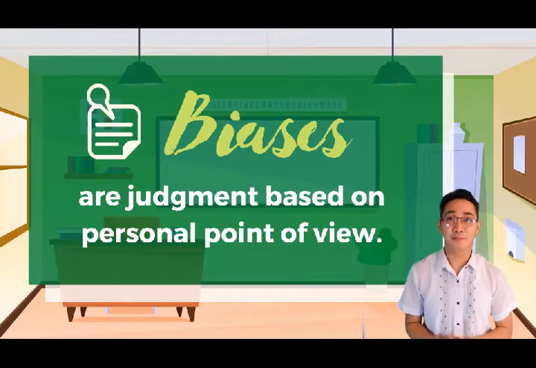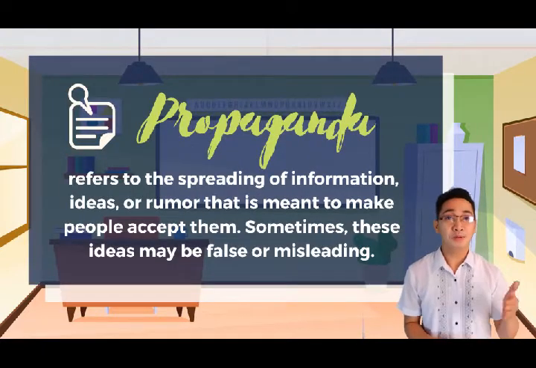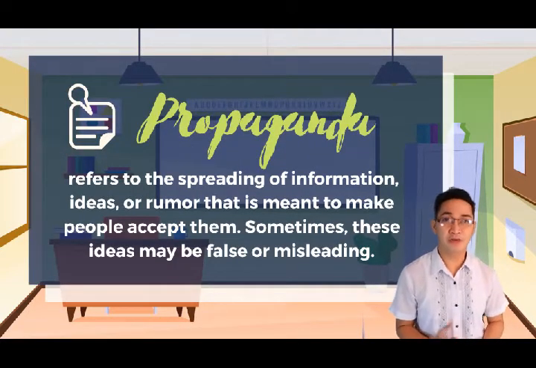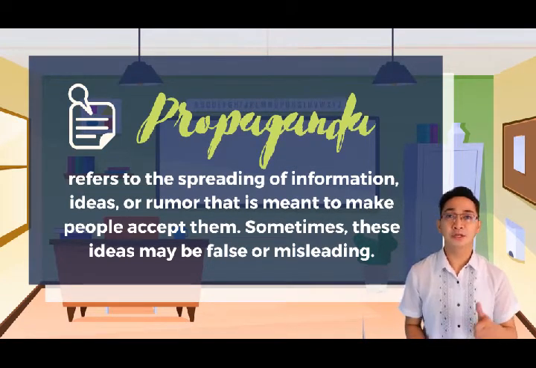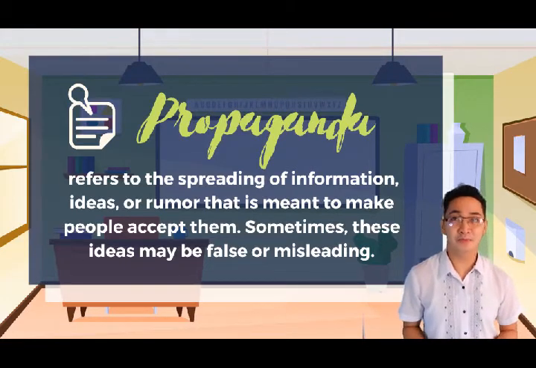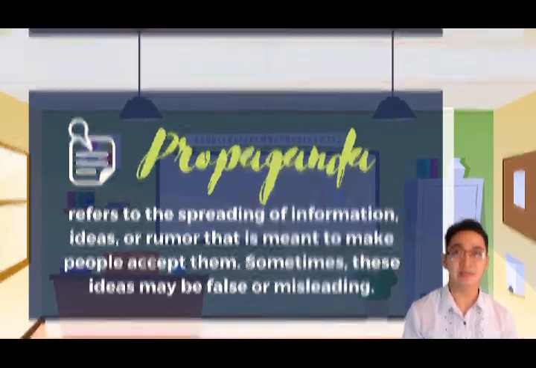Biases are judgment based on personal point of view, whereas propaganda refers to the spreading of information, ideas, or rumor that is meant to make people accept them. Sometimes, these ideas may be false or misleading. Biases and propaganda are both used to influence people to persuade, believe, buy something, or do something.